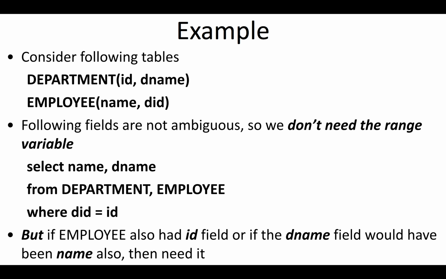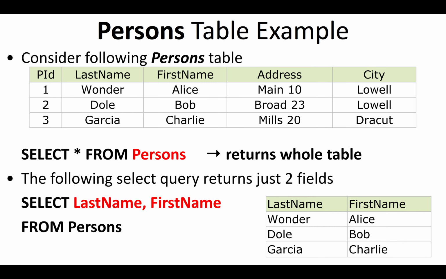But luckily here, the department has a D name instead of name, so there's no ambiguity and no need to prefix it. Notice that ID and DID also have no ambiguity there, but if they did, then we would have to prefix it.